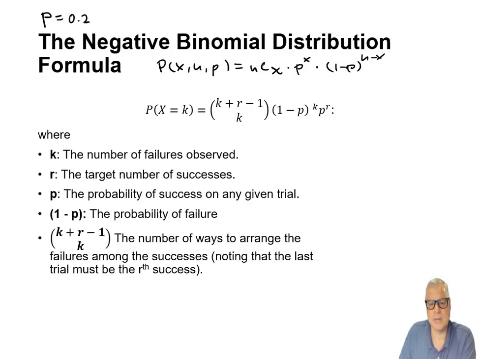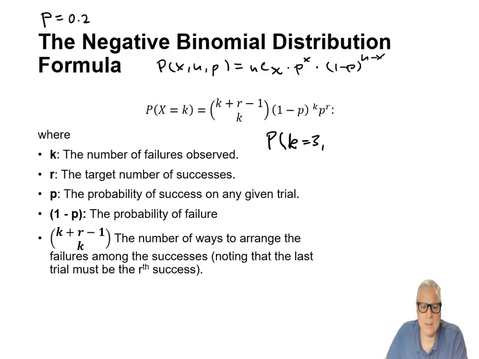The success probability is 0.2, and we want to know the probability that a goalkeeper has 3 failures, meaning the goalkeeper concedes 3 goals before he has r equals 2 saves, when the success probability of saving a penalty is 0.2.